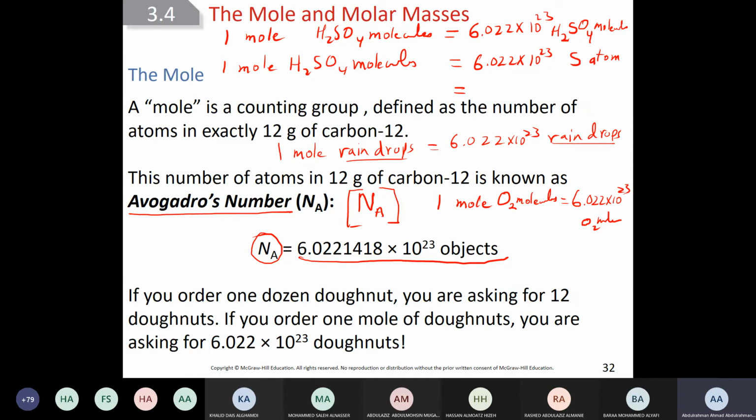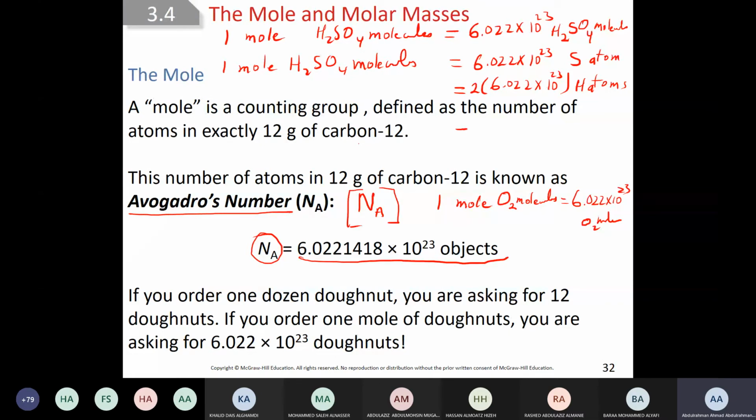How many hydrogen atoms are there? 2 times 6.022 times 10 to the power 23 hydrogen atoms.